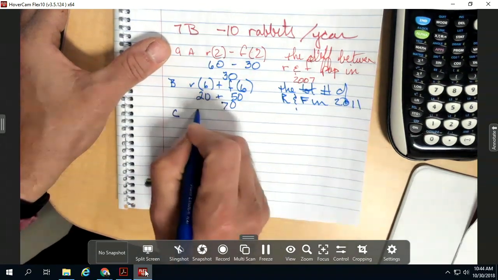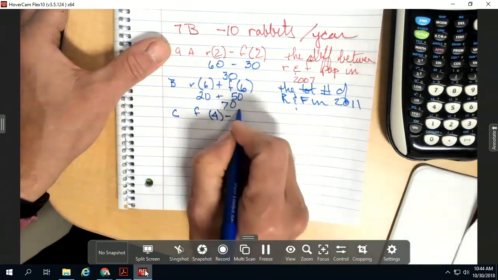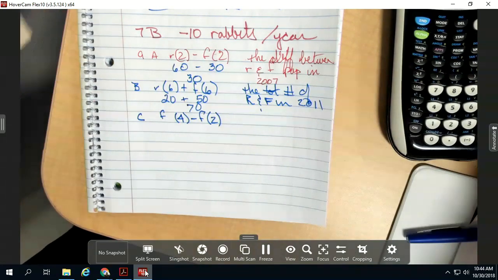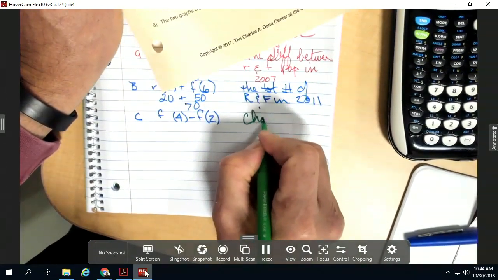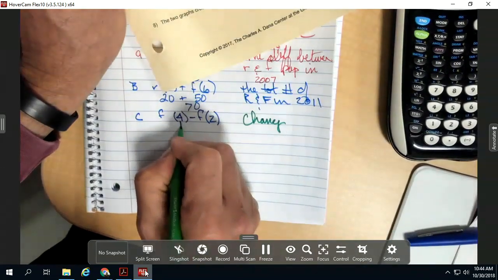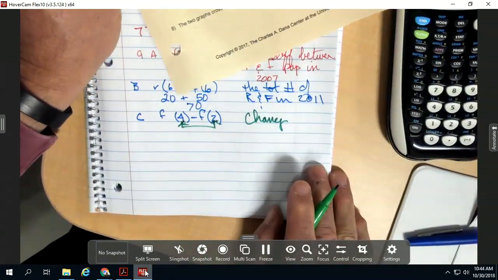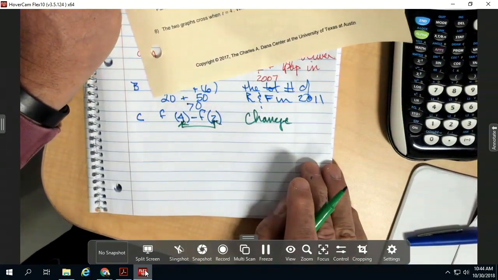Part C, F of 4 minus F of 2. You're going to need to know this one for the test. Whenever you see the numbers being subtracted this way, where you take the bigger one minus the smaller one, you always can write change.